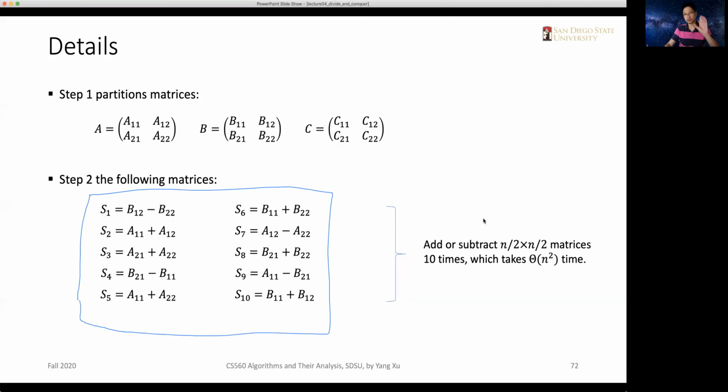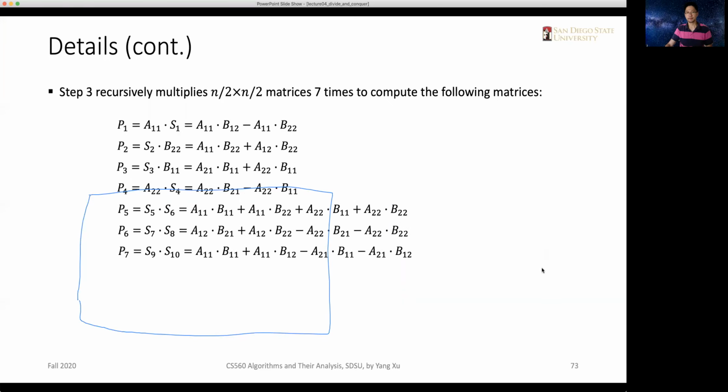Anyway, we just need to know that this will cost us big theta of n squared running time. And step 3 is to compute 7 products instead of 8 products between the S's and the A's. So this is the actual computation here.